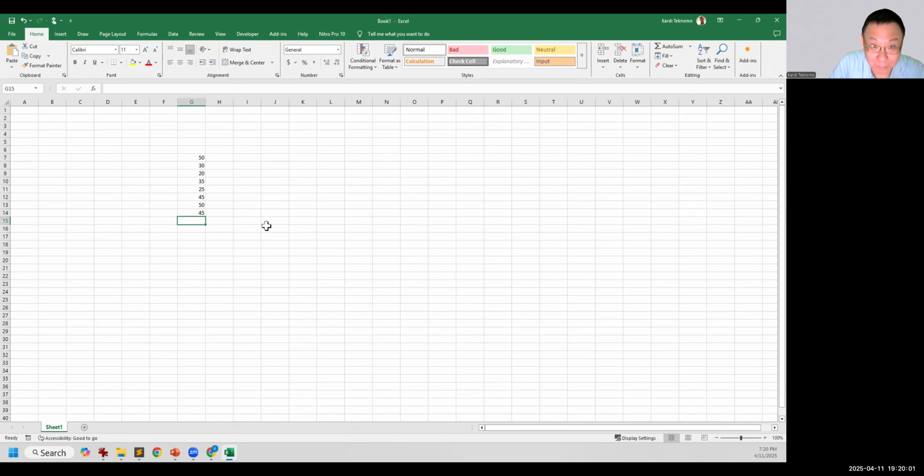Let's take the average and the standard deviation. Let's use the population standard deviation so it's easier.